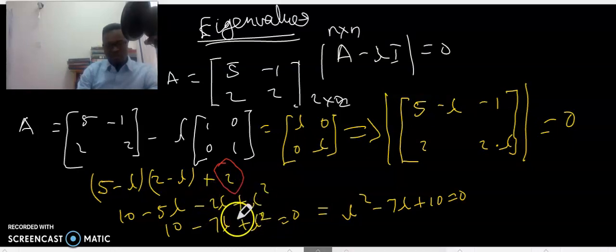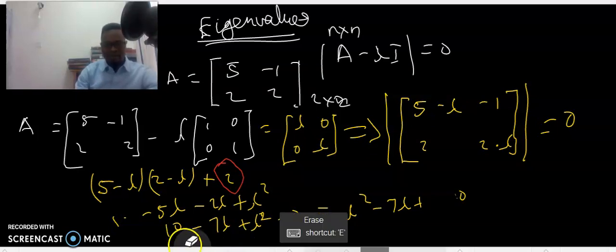We were supposed to include this 2, because it is a constant and we have 10 as a constant. Add them together and this becomes 12. So instead of 10 here, we are going to have 12. Let me write that down.